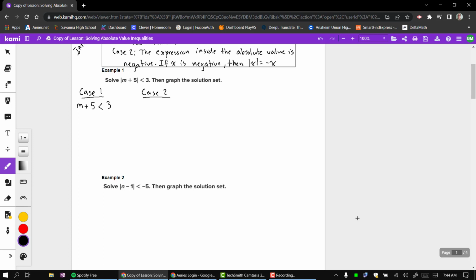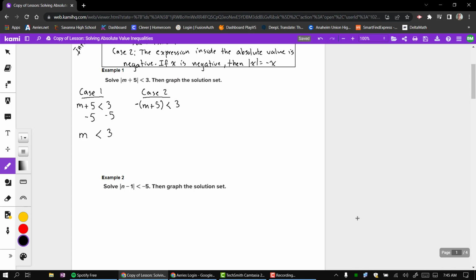I want to solve this inequality. So I solve this inequality by getting m by itself. So I'm going to subtract 5 from both sides, because by subtracting 5, that's doing the opposite of adding 5. So it's going to give me m is less than negative 2. Case 2. Now this is negative. So this is going to give me negative m plus 5 is less than 3.